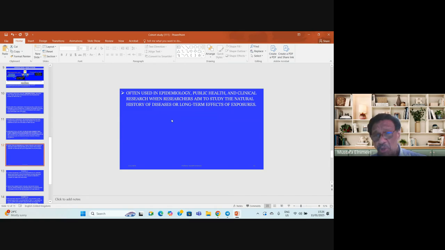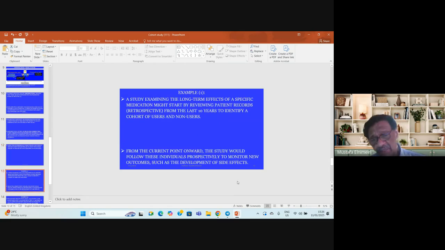It is often used in epidemiology, public health and clinical research when researchers aim to study the natural history of a disease or long-term effects of exposure. For example, in one study you can examine the long-term effects of a specific medication or drug that is used by a group of patients. We start by reviewing the patient records, and this is the retrospective component, from the last years, maybe 10 or 15 years.